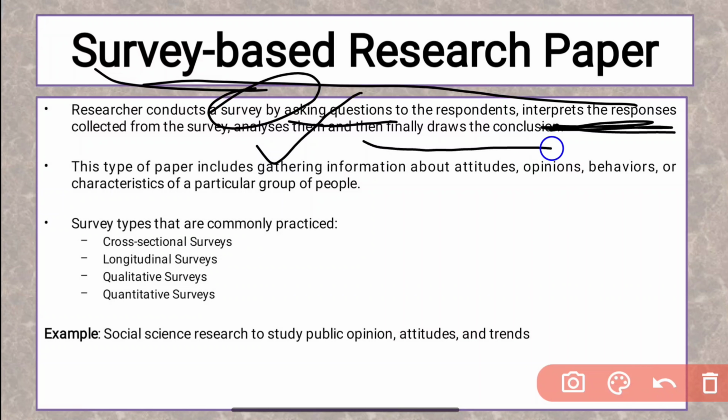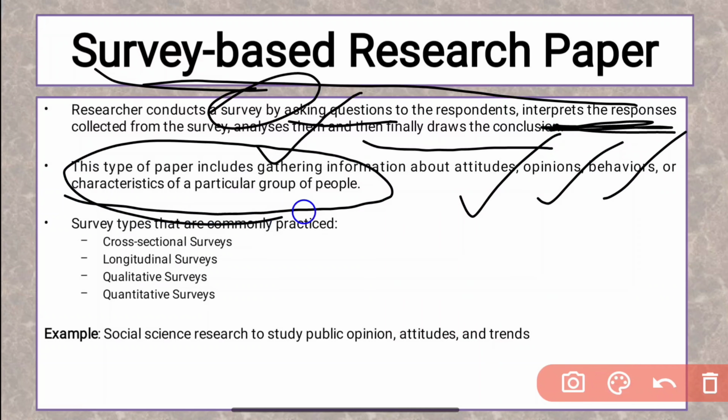This kind of paper or the survey is usually used to collect the viewpoints or the attitudes, opinion, behavior or the characteristics of a particular group of people. And these type of surveys are commonly practiced in cross-sectional, longitudinal, qualitative and quantitative research, right?